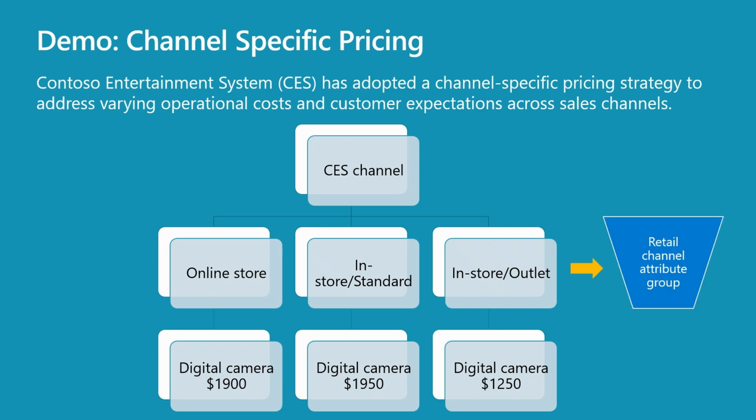In this demo, we'll have price groups linked to the retail channel price attribute group. We will use the retail channel ID attribute in this group. And for the product price attribute group, we will use the item number attribute in this group.